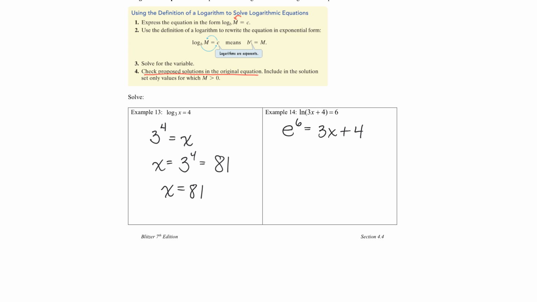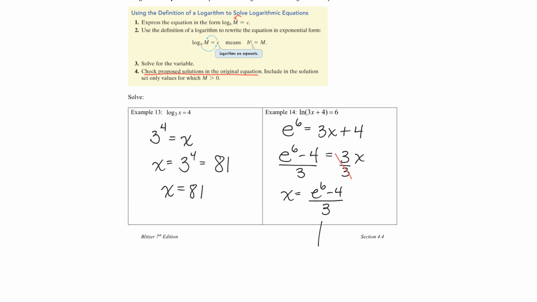In order for me to solve for x in this equation, first I'm going to subtract 4 from both sides, so I'm going to get e to the 6th minus 4 is equal to 3x. And then I'm going to divide both sides by 3, and I'm going to get that x is equal to e to the 6th minus 4, divided by 3.